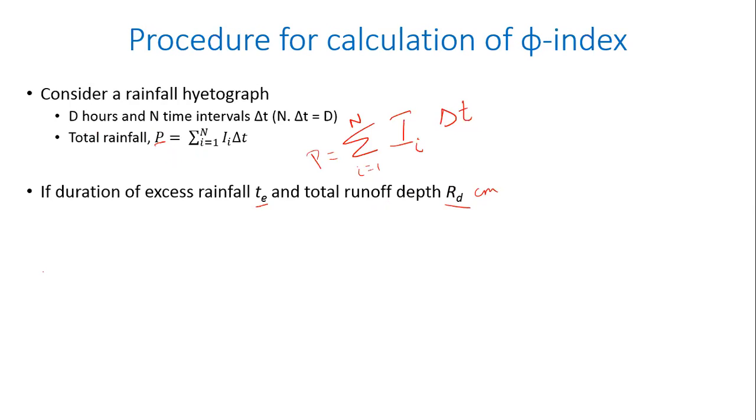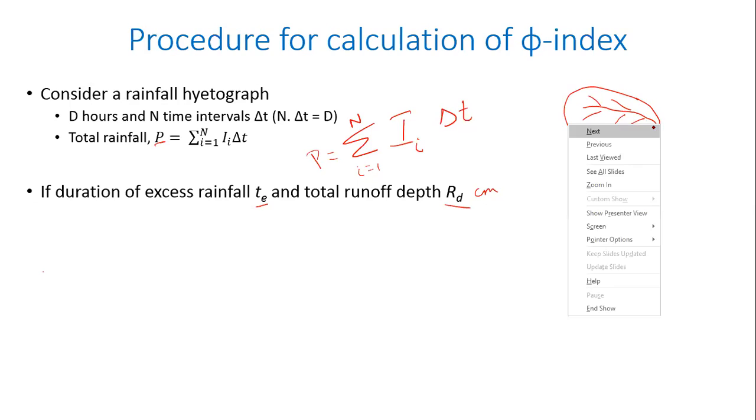Now, how do I get a runoff depth instead of a runoff volume? How would I convert a runoff volume into runoff depth? First of all, how would I get runoff volume? Let us say this is my watershed, and this is the stream that is draining the watershed, which may have multiple tributaries and so on.